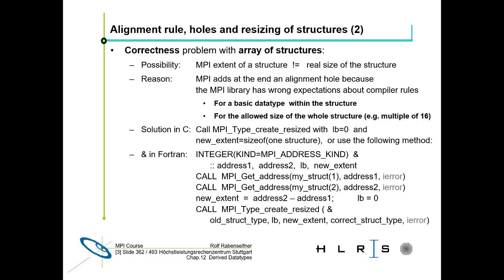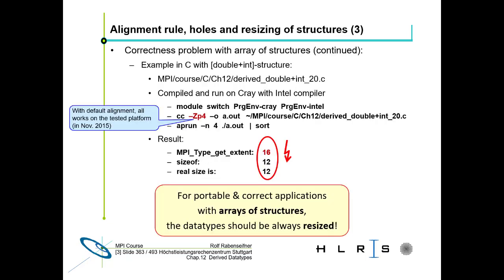Then call MPI type create resized with the old structure type, the lower bound, the new extent, which is just the difference of the addresses, and the new structure type, and that would give you correctness.